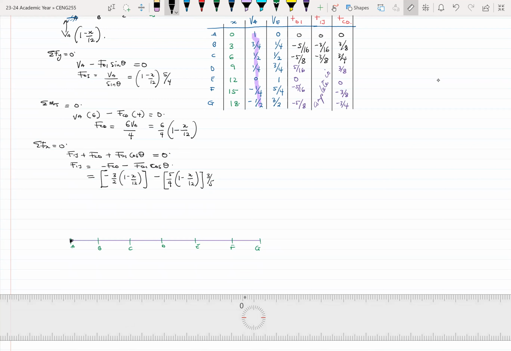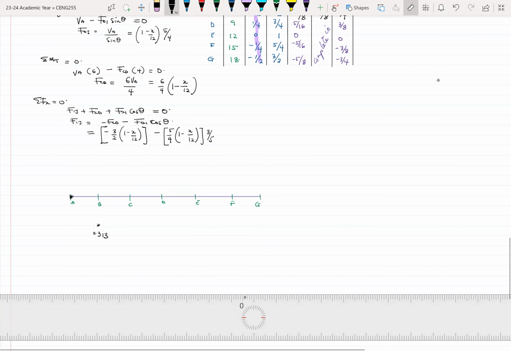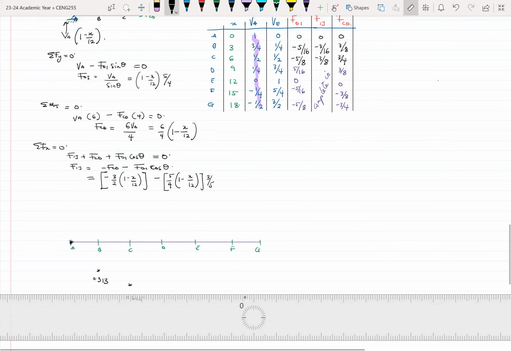Then minus 5 over 16 will be 0.313, so it goes down here. Then at C, it's supposed to be double, so that means 0.625.